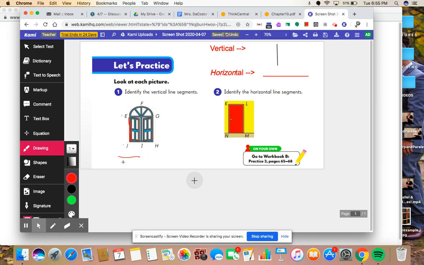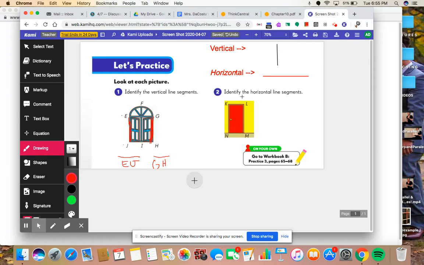Line EJ would be a vertical line. And if EJ is a vertical line, what would another vertical line be? What would we name it? It would be right here. It's going up and down. Do we see that? Up and down. So we would write that line GH.